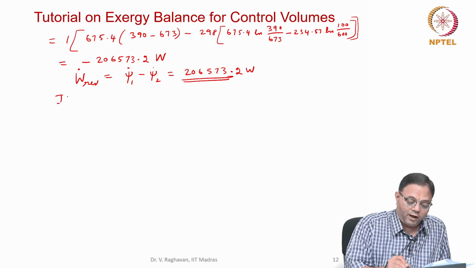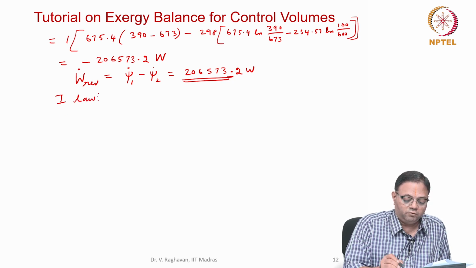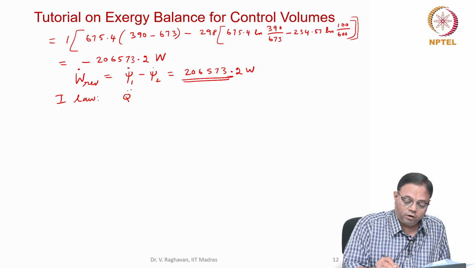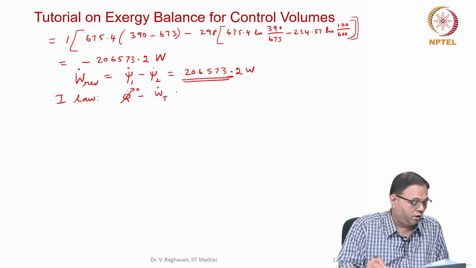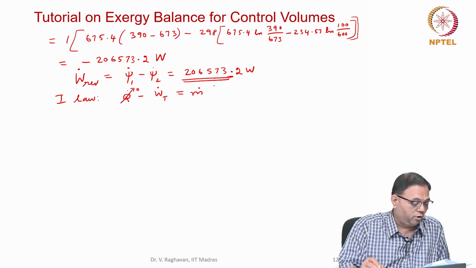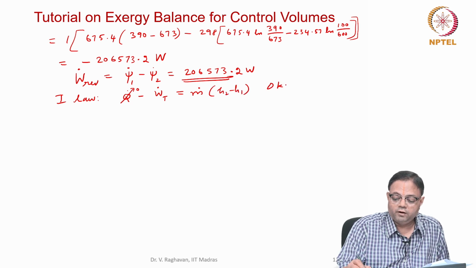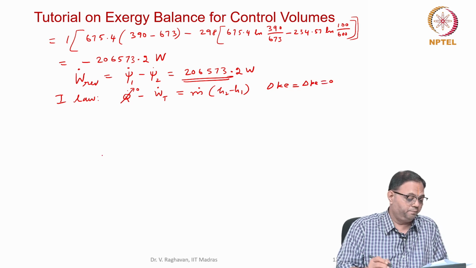Now actual work I want, so apply the first law. First law, Q dot for the insulated turbine, so that is 0. Let the power developed by the turbine be WT dot equal to m dot into H2 minus H1. Kinetic energy and potential energy changes are neglected.